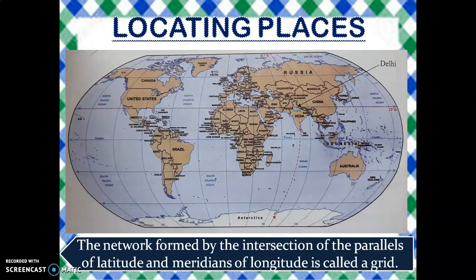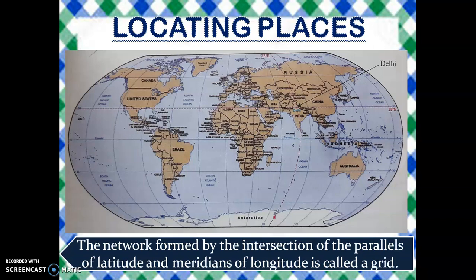So now let us find out the location of Delhi on a map. First, locate the latitude of it. The latitude which is passing through Delhi, its measurement is 29 degrees north. And then the longitude we need to see which is passing through Delhi, that is 77 degrees east.